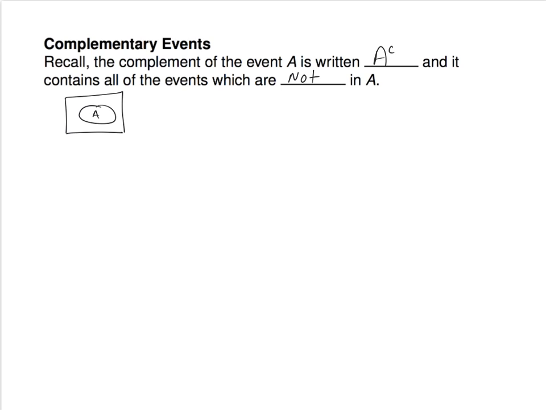All this stuff outside of it is my A complement stuff. And is that the same as saying A plus A^C is 1? Yeah, so you can say the probability of A plus the probability of A complement is equal to 1 because they're disjoint events that cover the whole sample space. Yep, exactly. You can't say it without the P's there. Does that make sense? Okay.